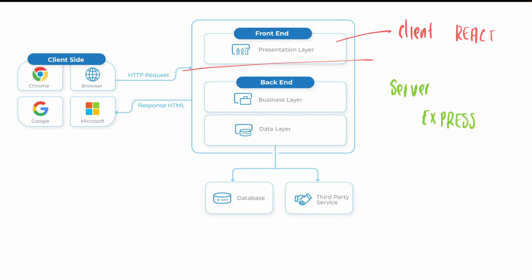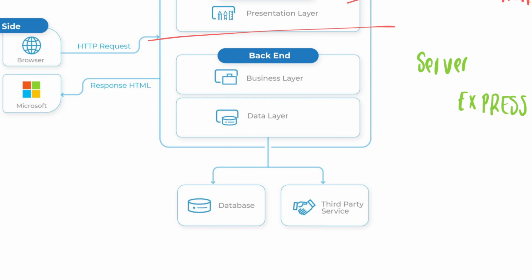This was the backend, and here we had the database. In our case, we didn't have any third-party services, but we had the database, that in our case was an SQLite database, right? That is the file in which we save everything. So here we have the SQLite.